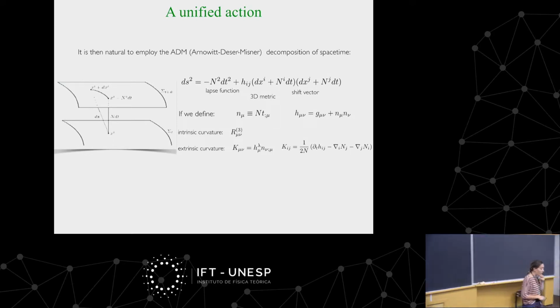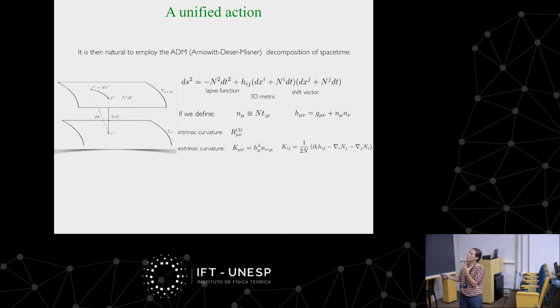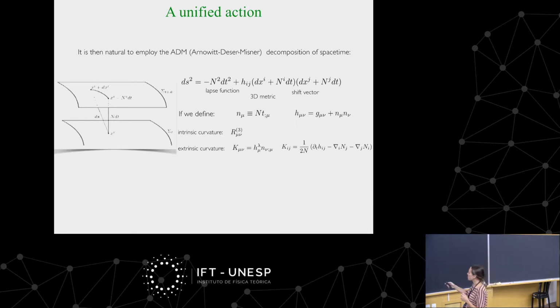So let me be a bit more specific about all those geometric elements that you saw in the action. A very natural way of looking at this is the so-called ADM decomposition, Arnold-Deser-Misner decomposition of space, where you choose these hypersurfaces of constant time, with your spatial metric describing these hypersurfaces, and then you also have to tell me how you distribute them in the four-dimensional spacetime, right?